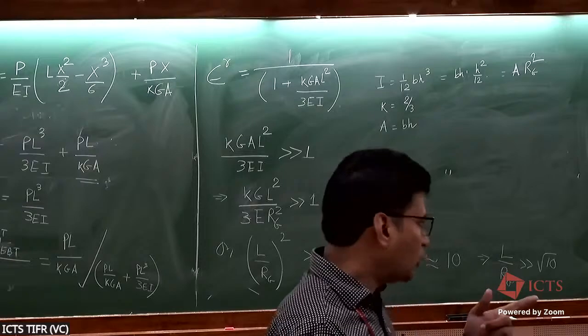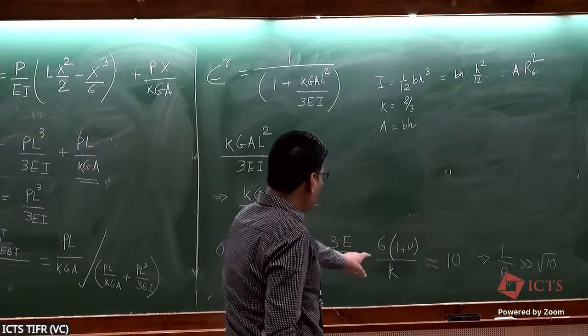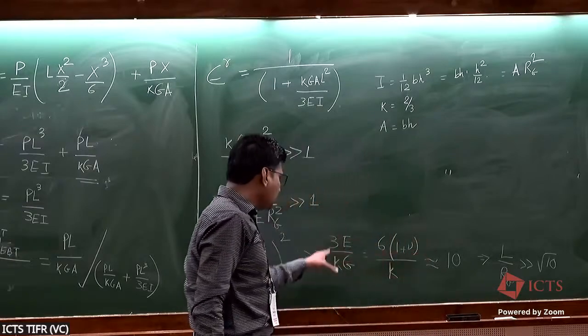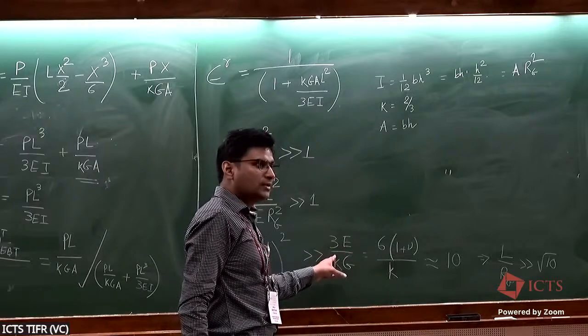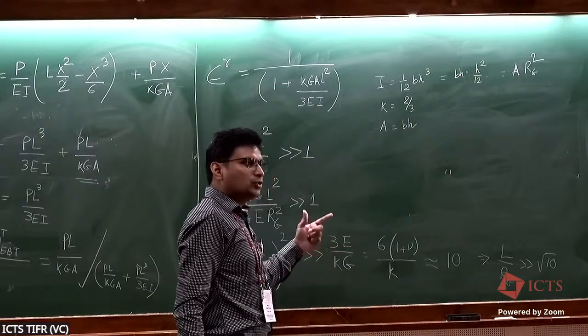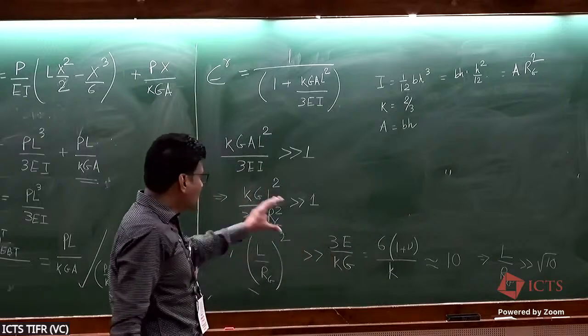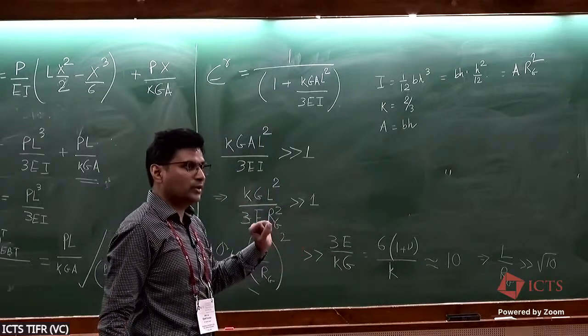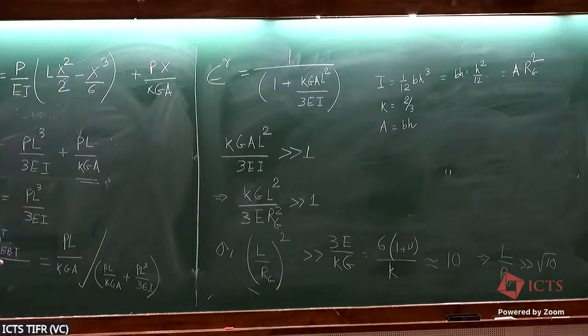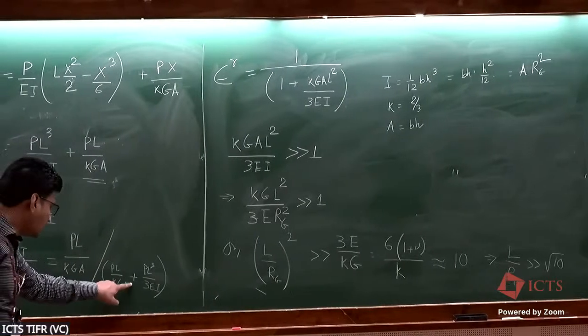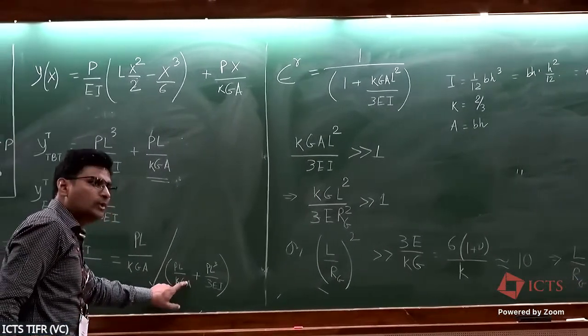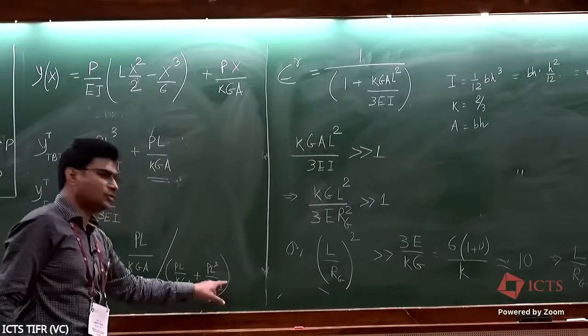And also it depends on your Poisson's ratio. And here we assume that it's an isotropic material. What if the material is anisotropic? Then the constants will come in a different way. What you will have is this constant, which is the shear stiffness of the beam, and the bending stiffness of the beam.